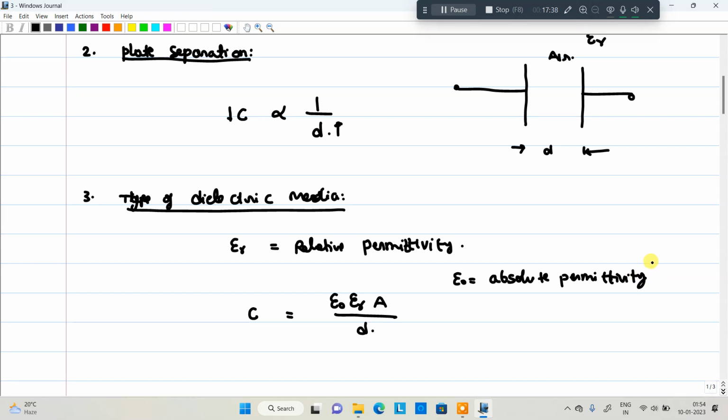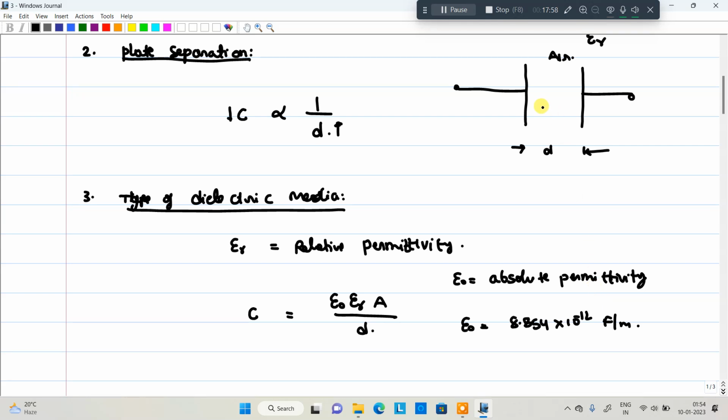Permeability is different, permittivity is different. In general, the epsilon naught value is a constant, 8.854 into 10 power minus 12 farad per meter. That is the epsilon naught value, a constant for every material.